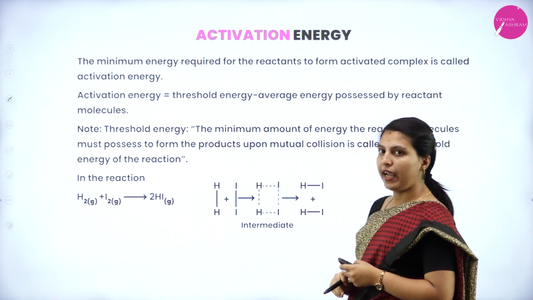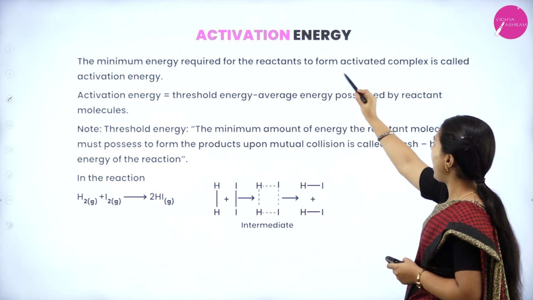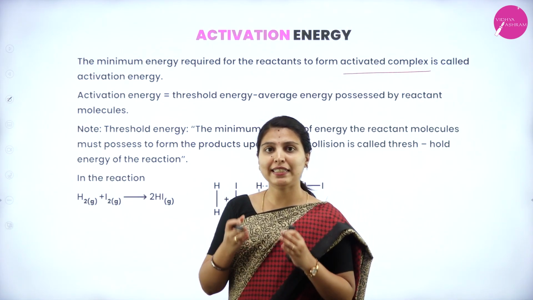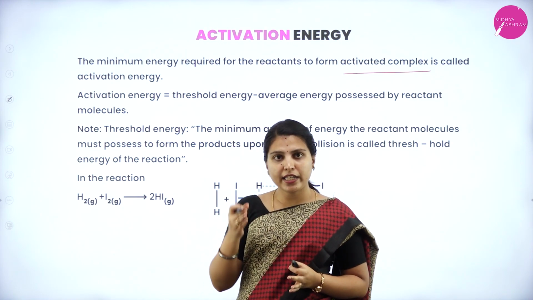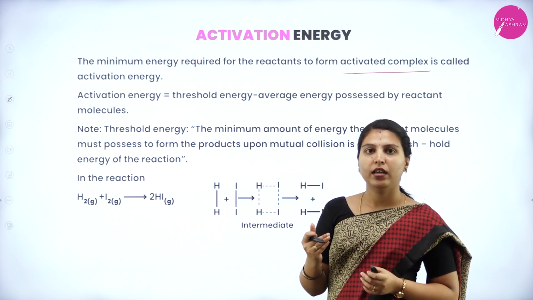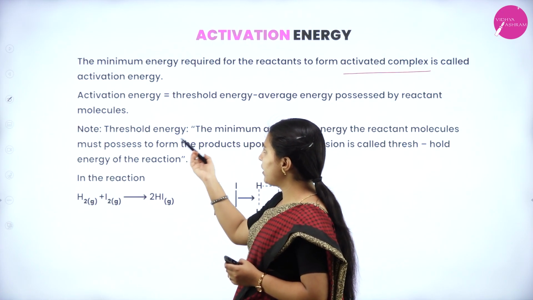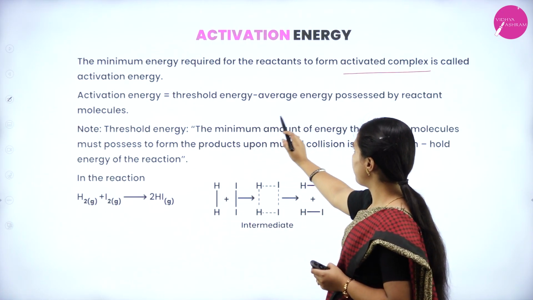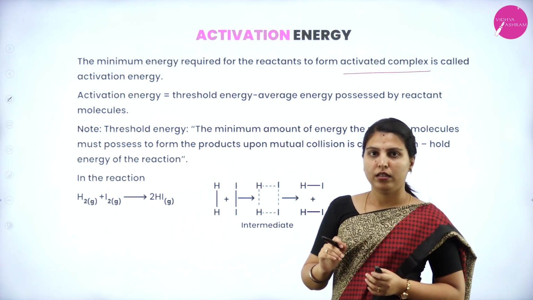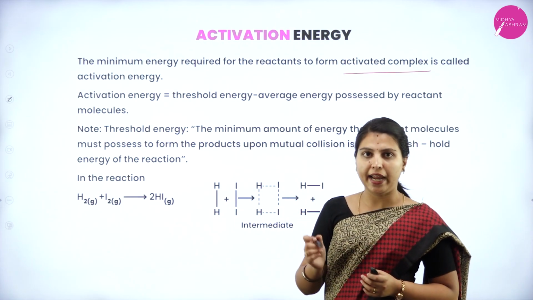Now, activation energy. The minimum energy required for the reactants to form activated complex. From reactant to forming activated complex, it needs some energy. That energy is called activation energy. Activation energy is equal to threshold energy minus average energy possessed by the reactant molecules.